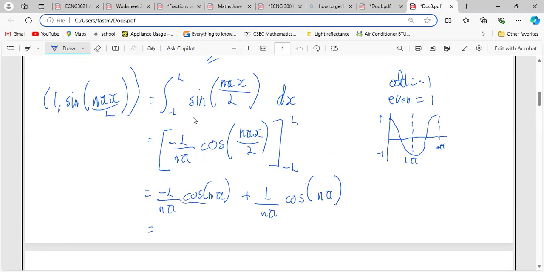So you can just treat this like 1, and this here like 1. If n was 3, it'll be minus 1. When you fling the minus outside, it's basically the same thing. So that's going to end up with minus this here, plus this here, and it's going to end up with 0 at the end.